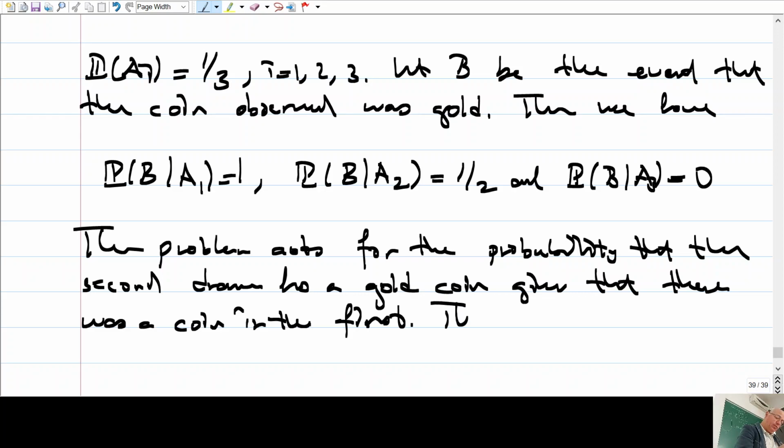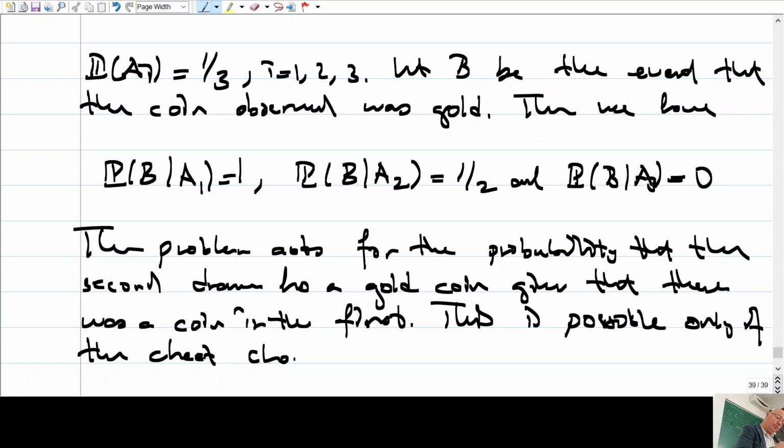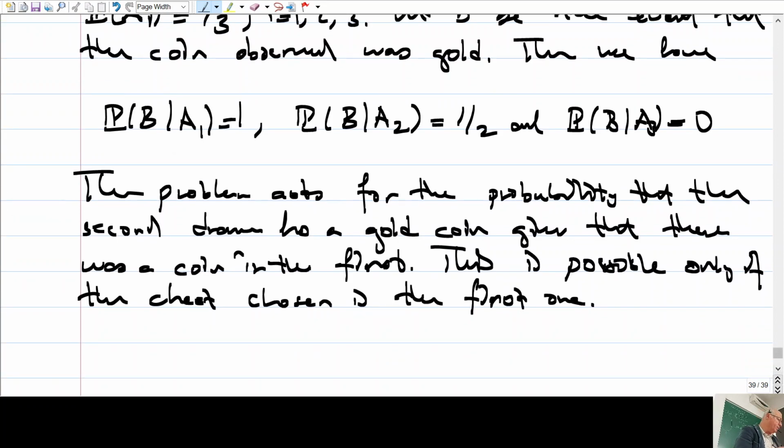This is of course possible only if the chest chosen is the first one, right? Both drawers should have gold coin.